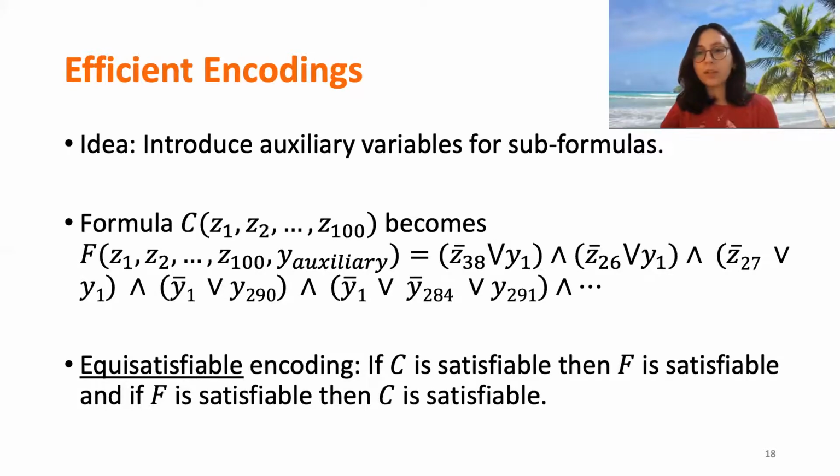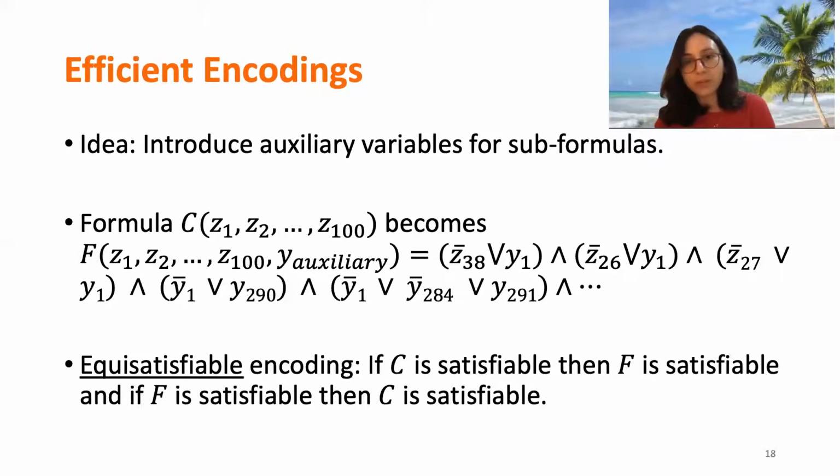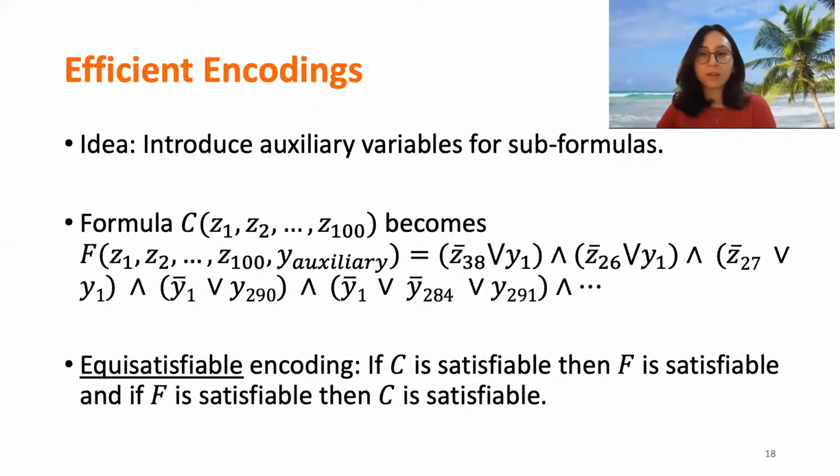These are actually transformations that preserve a certain property, which is equisatisfiability. So if C is satisfiable, then F is satisfiable, and if F is satisfiable, then C is satisfiable. So there are a lot of these kinds of encodings when you work with things like SAT and SMT solvers.